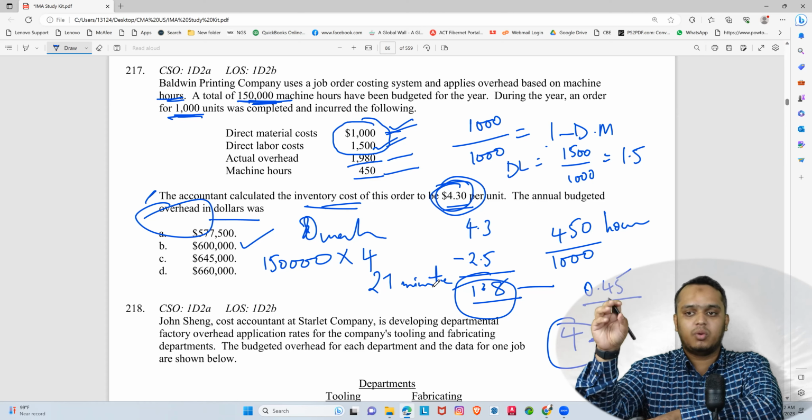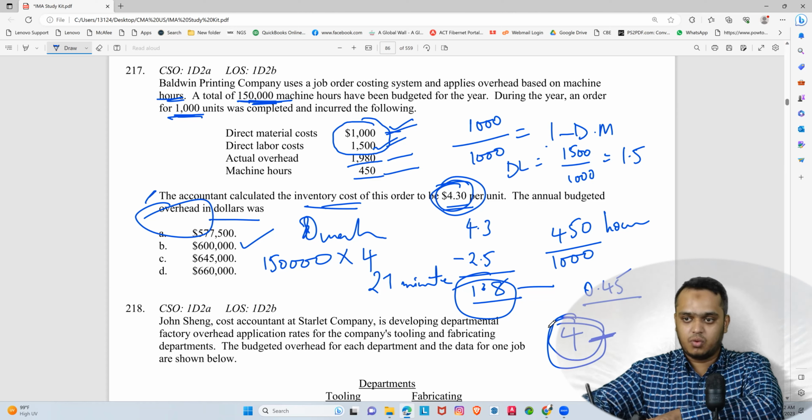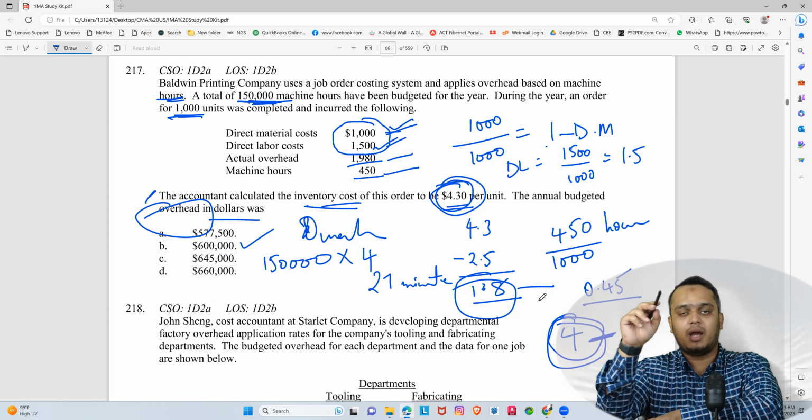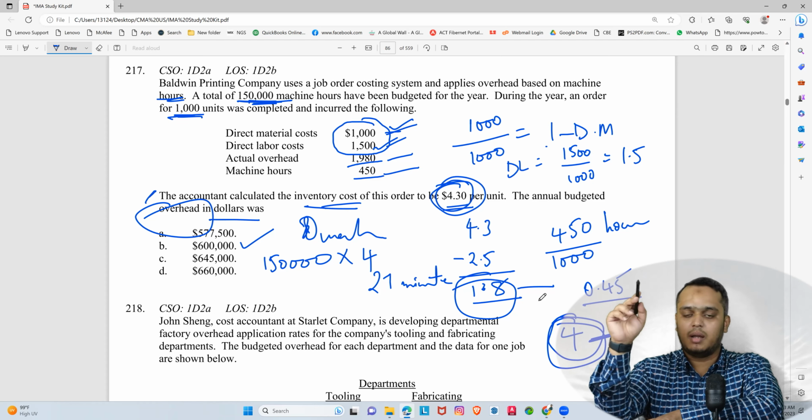How many units will I be able to create in an hour? What would be the cost of that particular hour? I found it out and I got $4. Now, when I've got $4 per hour as my cost, how many budgeted hours do I have? 150,000 budgeted hours. I multiplied 4 with 150,000 budgeted hours and I got my answer, 600,000.